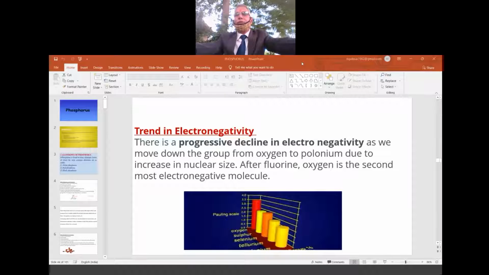Even if they are ready to donate, how many electrons they donate depends upon the electronic configuration and the need. Therefore, oxidation state plays a very important role in the chemical trends.